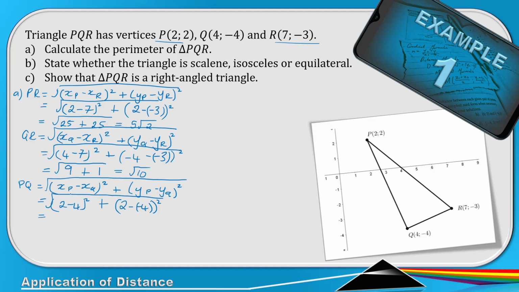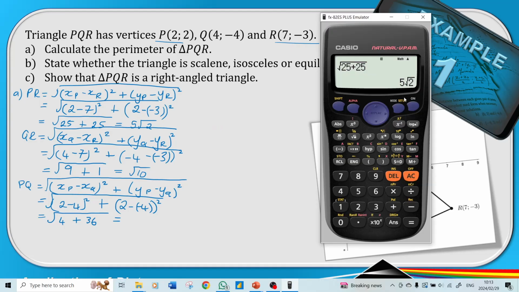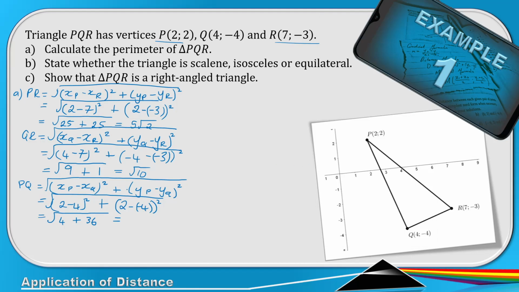So 2 minus 4 gives me negative 2. Negative 2 squared is 4, and then 2 plus 4 is 6. 6 squared is 36, and then we type that into the calculator. So 4 plus 36 is basically 40, so the square root of 40 is 2 square root of 10.